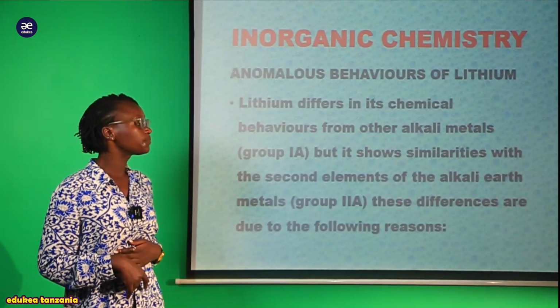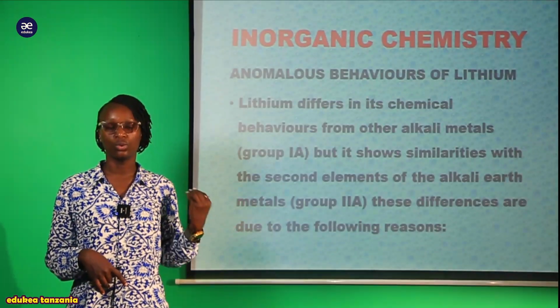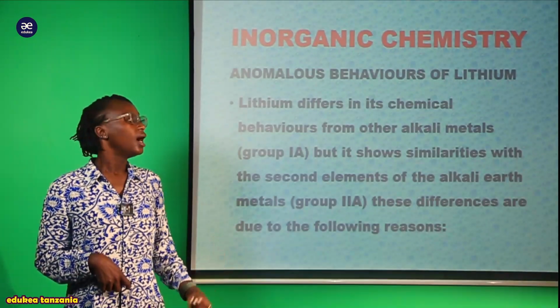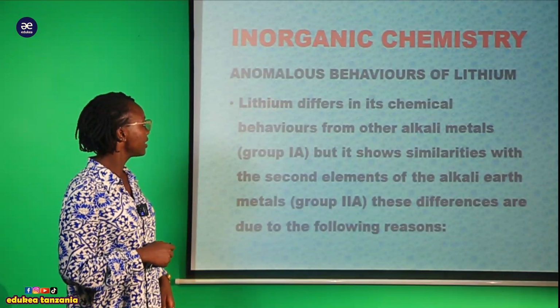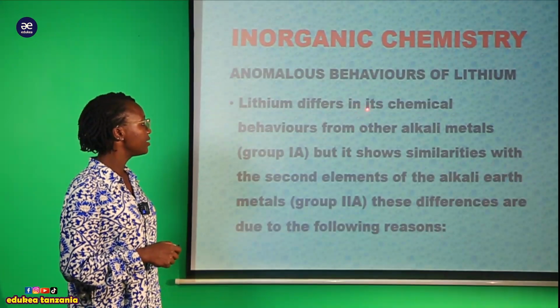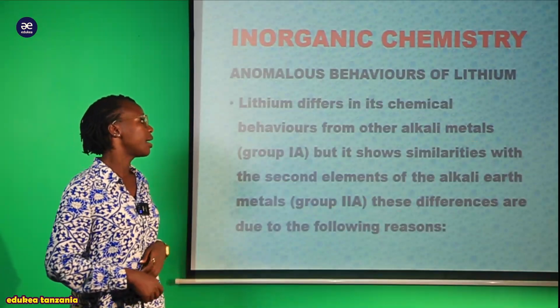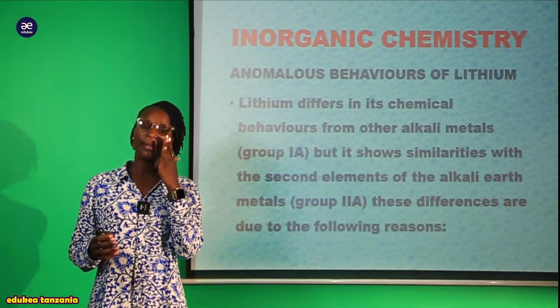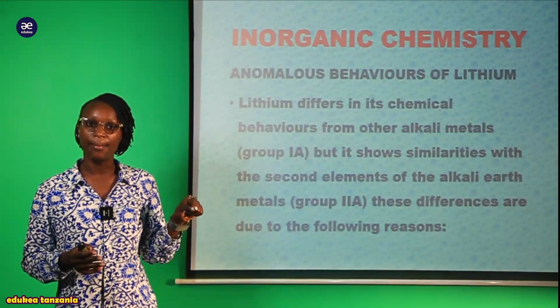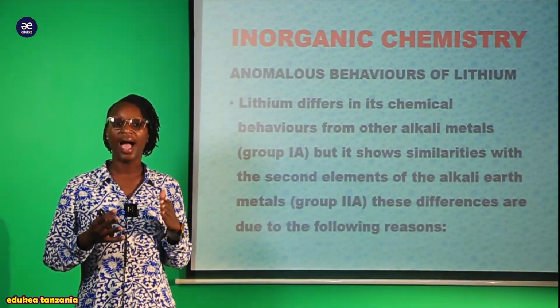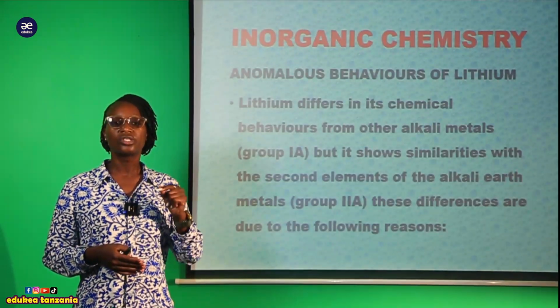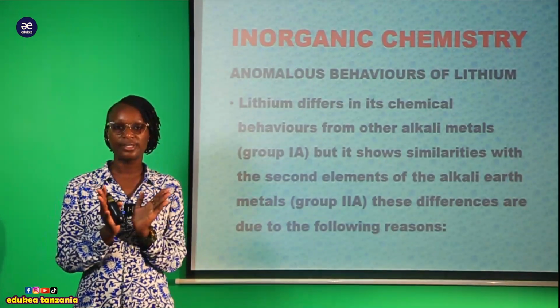So my student, here let us start to look at this concept. Here we can see that lithium differs in its chemical behaviors from other alkali metals, ambapo tunaongelea the elements of group 1, kwamba yeye lithium ni member of group 1 ambayo ni alkali metals, lakini utaona kwamba anakuwa na different properties.